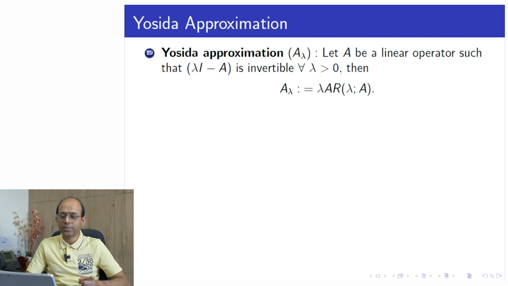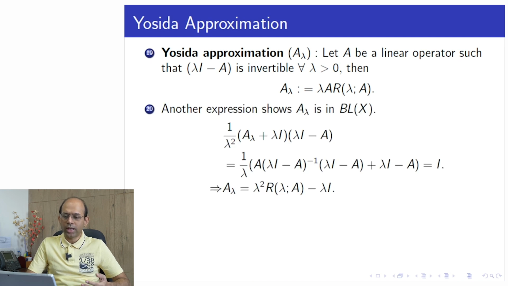So lambda A R(lambda, A). This is the definition of A lambda. But this definition does not immediately imply that A lambda will be a bounded linear operator, so we need to derive certain things to see that transparently.